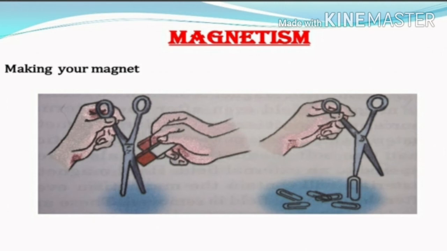When you reach the other end of the scissors, lift the magnet and bring the same pole back to the starting end of the scissors. Stroke again in the same direction. After 20 to 30 such strokes, the scissors get magnetized and can now be used to lift paper clips or other magnetic substances. So you can make your own magnet.